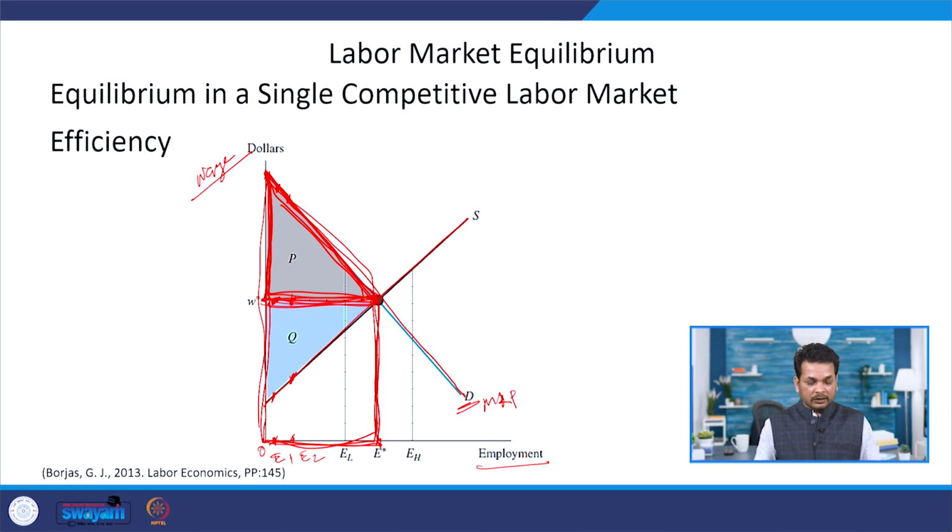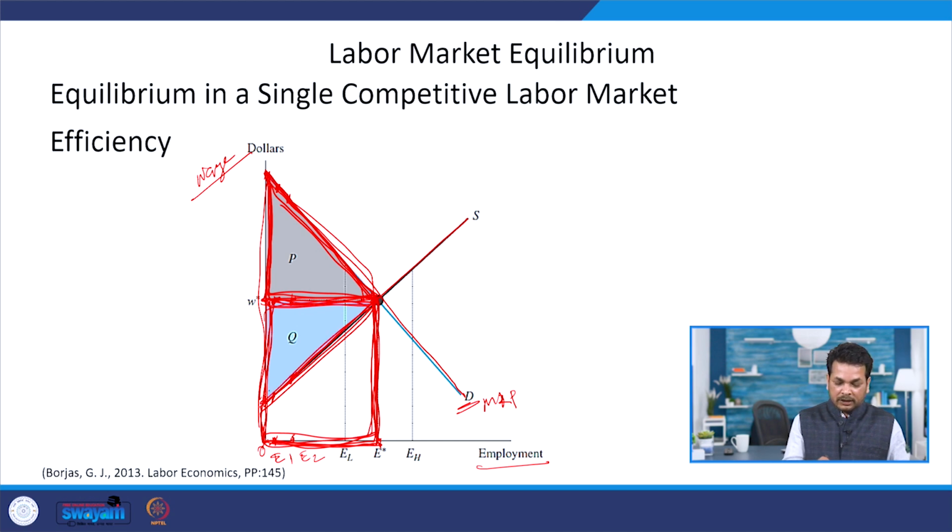So, this much is the willingness of these OE star workers to work at this wage rate, but actually the wage rate they are getting is this much. So, from the workers' perspective, this is the workers' surplus.